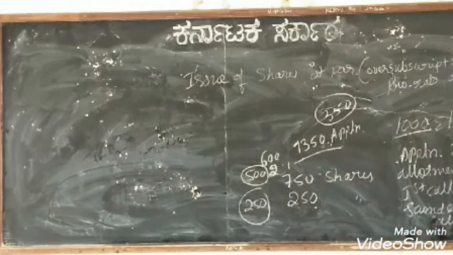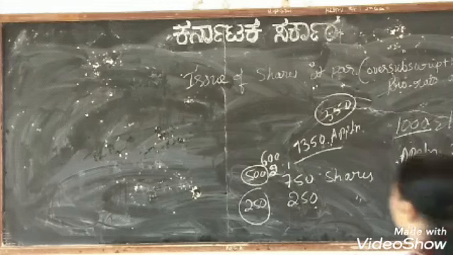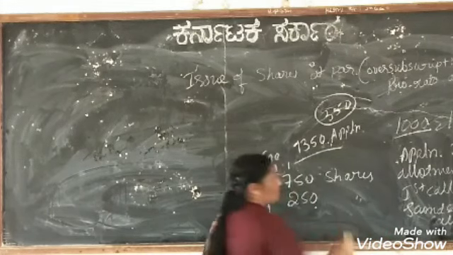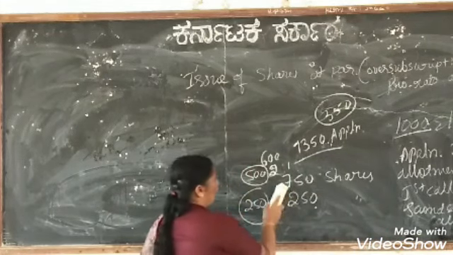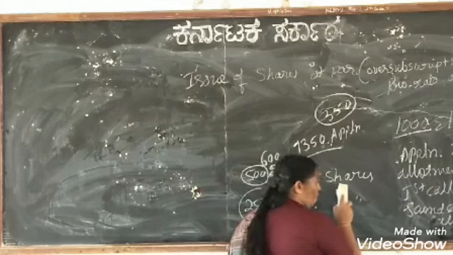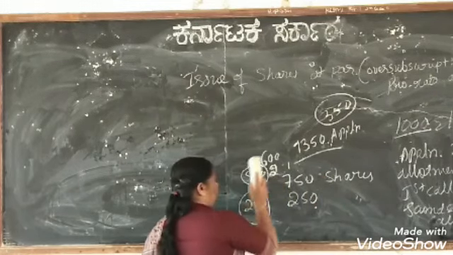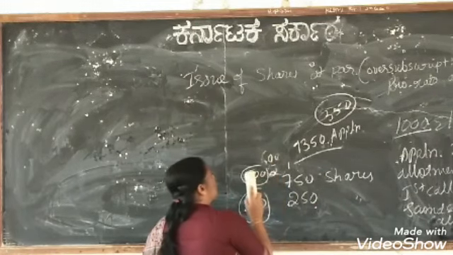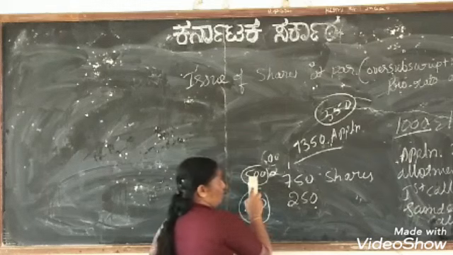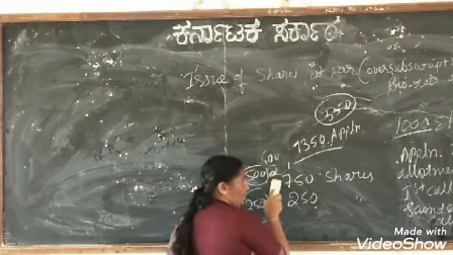Now let us do the working. I hope you understood this concept. 1,350 applications were received, but 750 applications were allotted in full. But out of 600 remaining, 500 applications were allotted on pro rata basis.